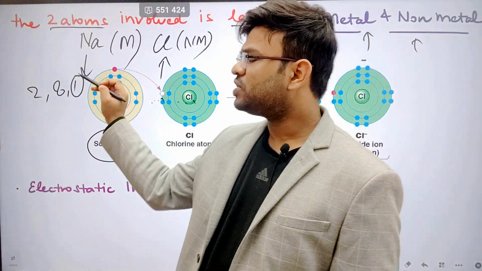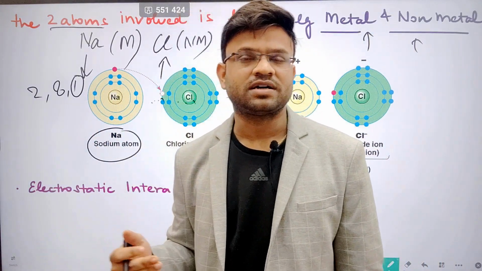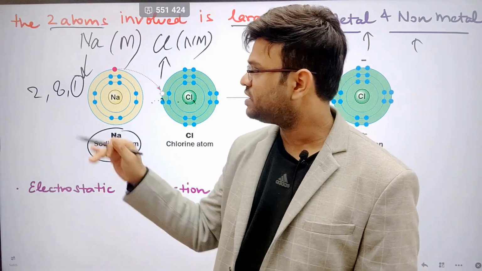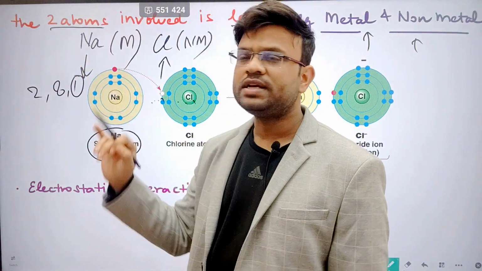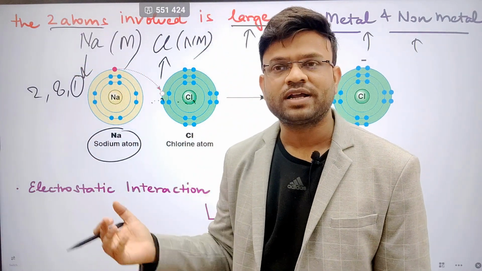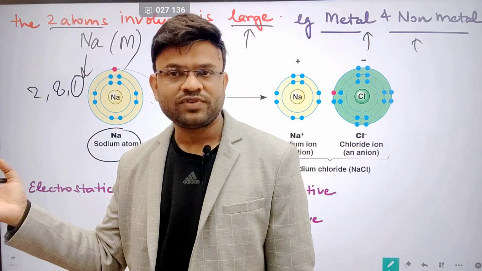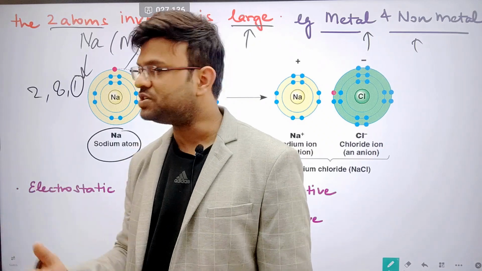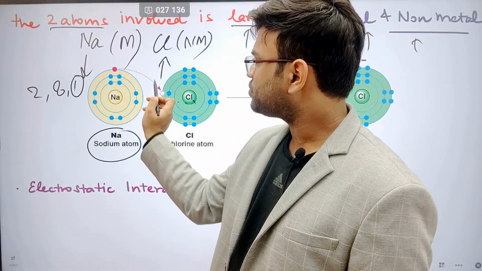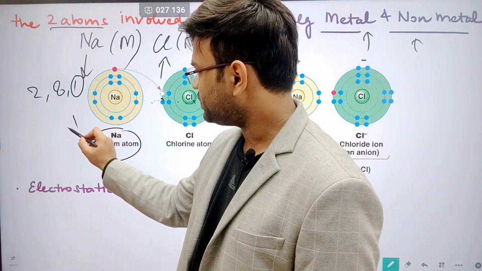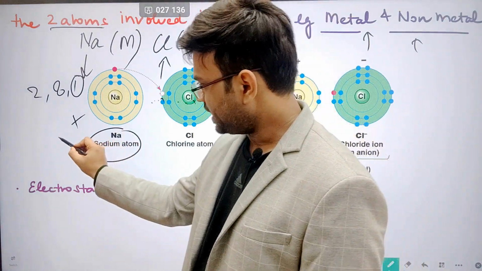So sodium wants to attain the stable inert gas configuration, and it attains that by donating this electron. I have already said that one atom would be donating the electron, and hence it will become the positively charged or cationic species. So it will donate one electron and become positively charged, or it will become the cation.